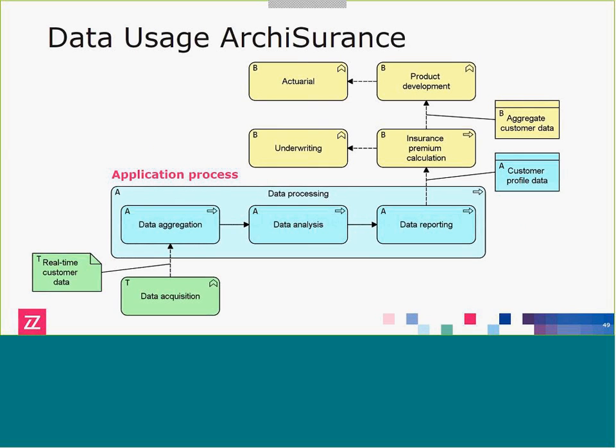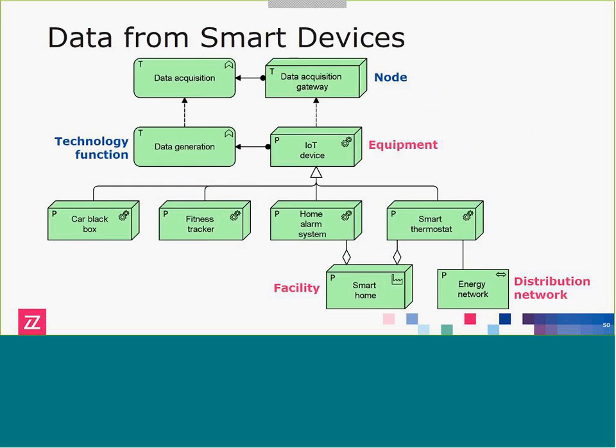Here we see the upper layer of what they want to do. They want to acquire all kinds of data, use that in an analysis process in their application world, create customer profiles from that, use that to feed into the insurance premium, and use that as well at an aggregated level to develop new kinds of insurance products. If we then go to the physical world where this data acquisition takes place, we find the data acquisition gateway that links to a bunch of smart devices.